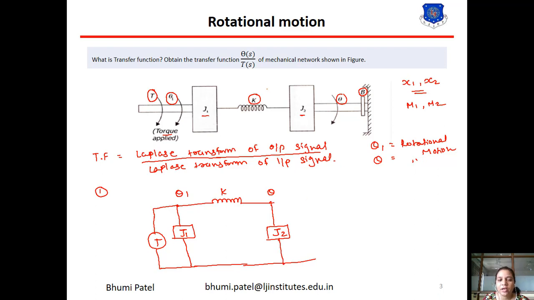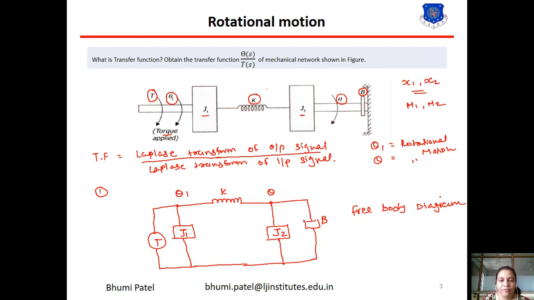B is also connected between theta and the ground connection. So this is the free body diagram of the above mechanical system.